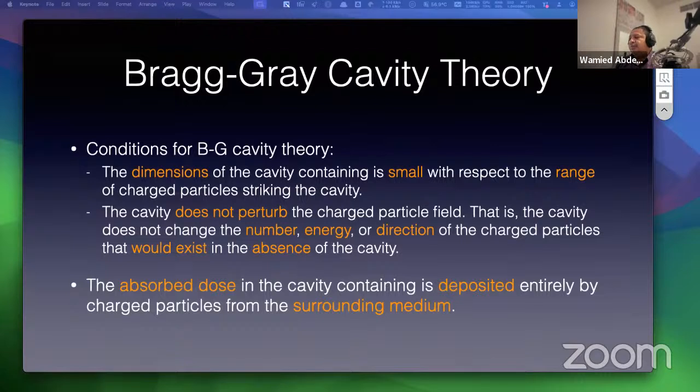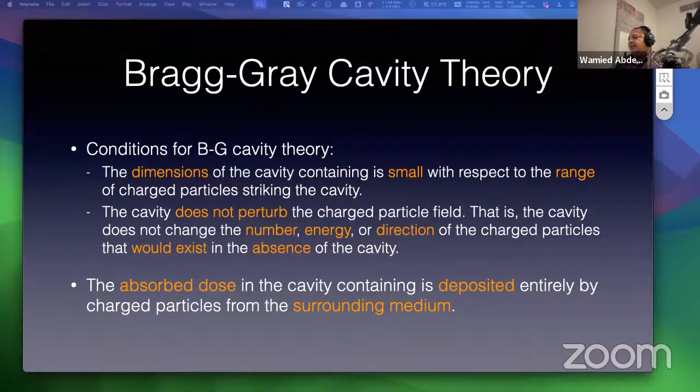We have charged particles coming from the surrounding medium and crossing this cavity. If the charged particle range is larger than the cavity dimensions, this satisfies the first condition of the Bragg-Gray cavity theory.